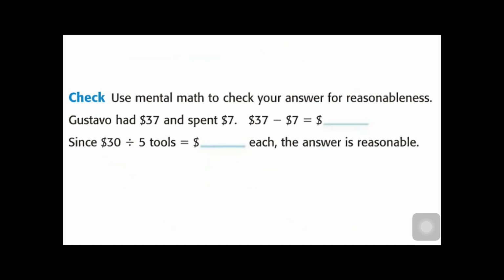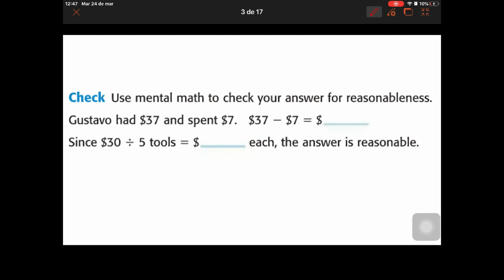We're gonna use mental math to check for reasonableness. Gustavo had $37 and he spent 7. First, he had $37, right? And then he spent it on one tool that cost $7. So in the end he had $30.